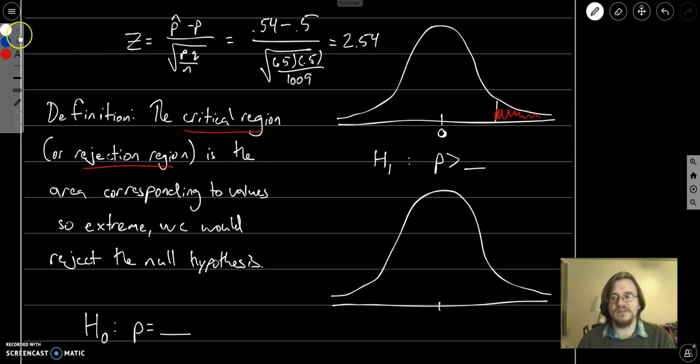Well, if we have values that are so extreme that they're way over here, our null hypothesis we would reject. So this right here is going to be the critical region.